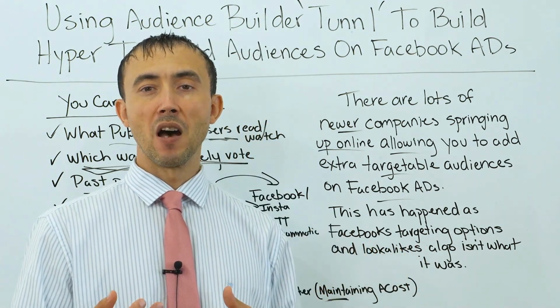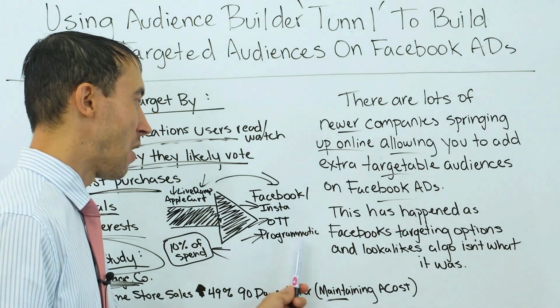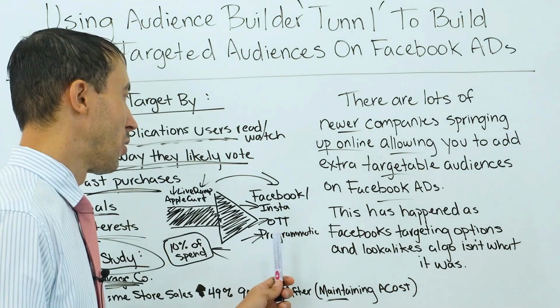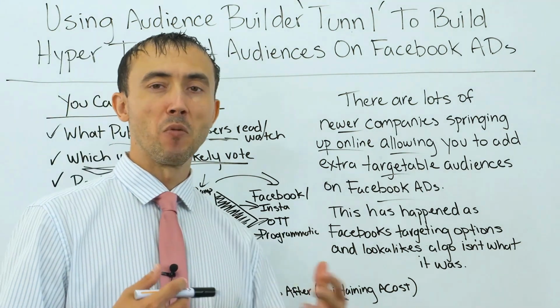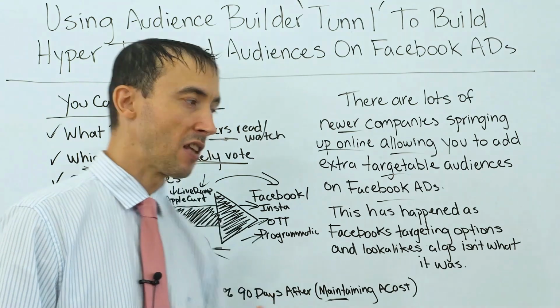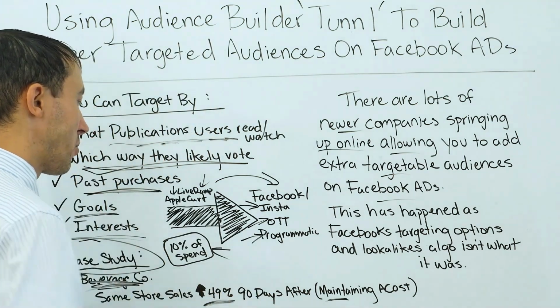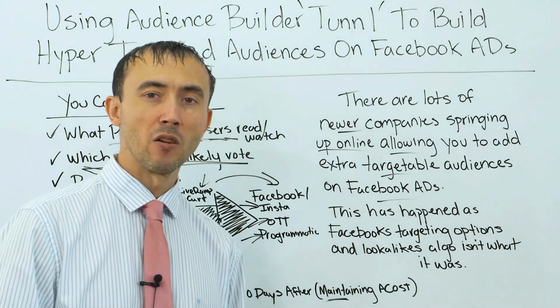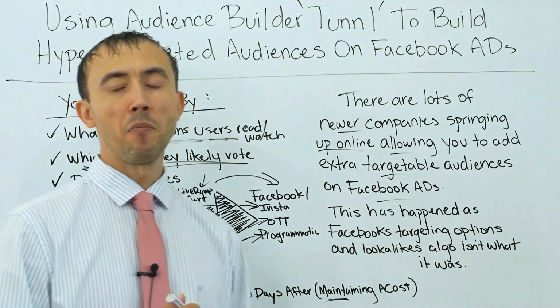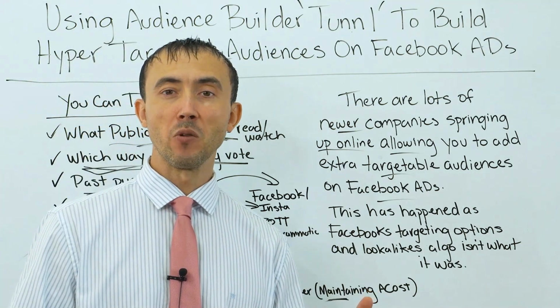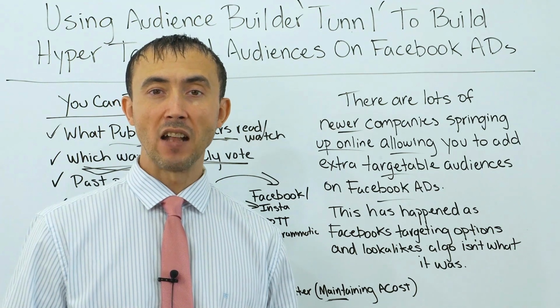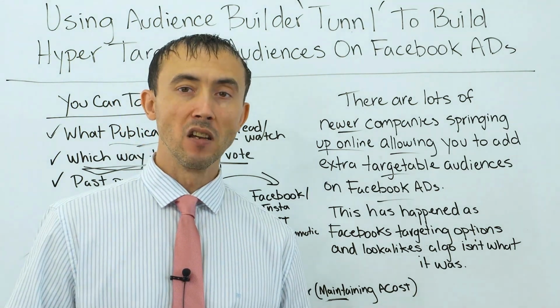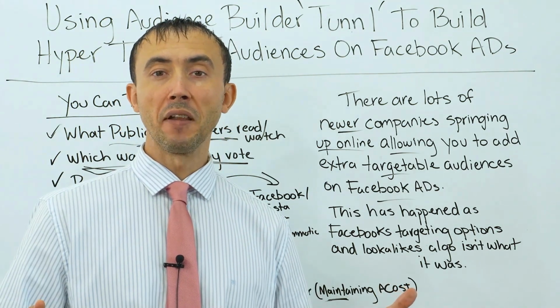We also ran some banner ads as well in the Pragmatic Ad Network to these same people, by the way. We're starting to get into running OTT, but we didn't do this at the time that I ran this case study. We got a 49% increase in same-store sales 90 days after running this campaign. This company had quite a bit of ad money that they were just throwing away on Facebook ads, marketing to just everybody, which is almost a complete waste of money.